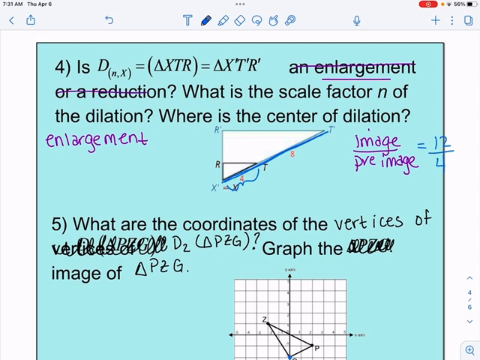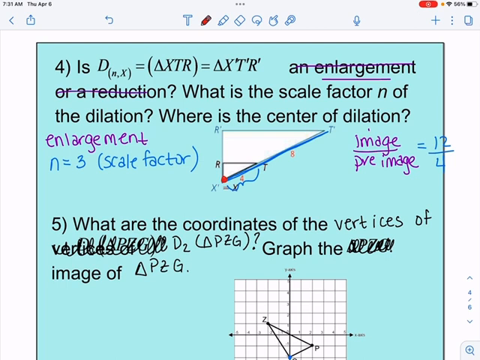So our scale factor is going to be 12 over 4. Okay, and I said to call that N. And again, if you can divide or simplify it, we're going to. And since you can divide 12 by 4, 12 by 4 will be 3. Again, I'll just write scale factor in parentheses here. Okay, and your center of dilation, again, think about your laser from when we were talking about that tiger picture in that first slide.